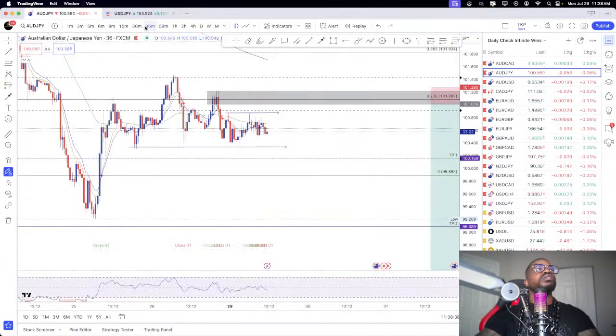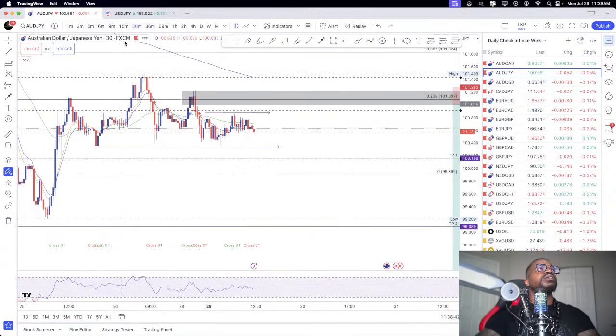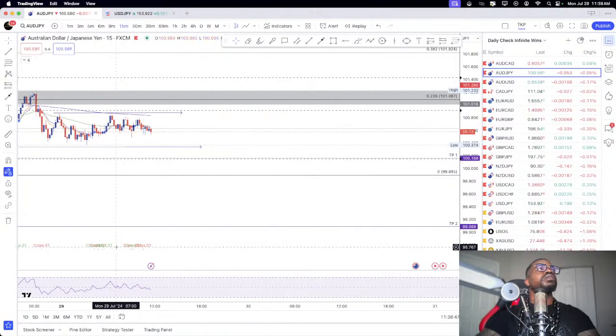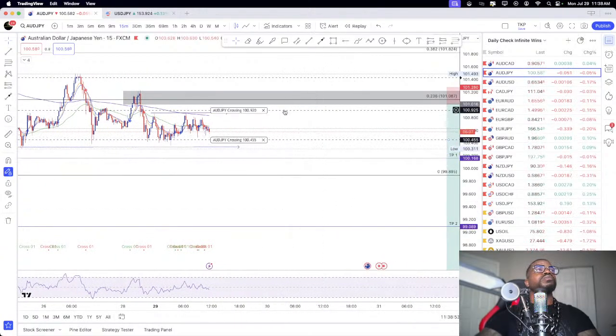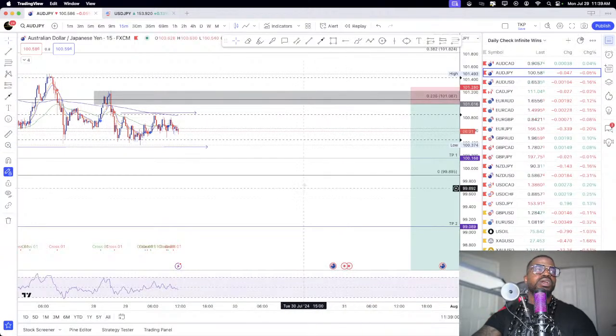So we just need to see what happens when price pulls back to that area. Let's move this alert a little closer. We got an alert set to let us know what happens, and we can just go ahead and close out the day.